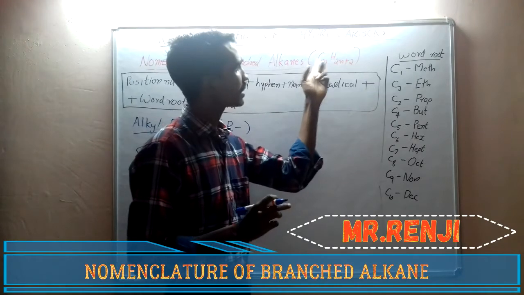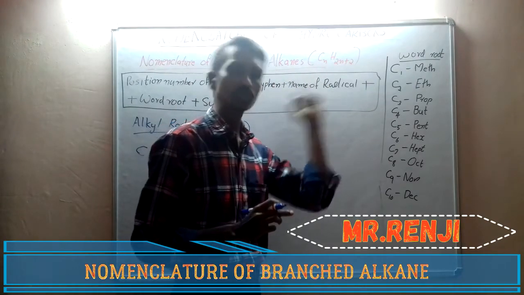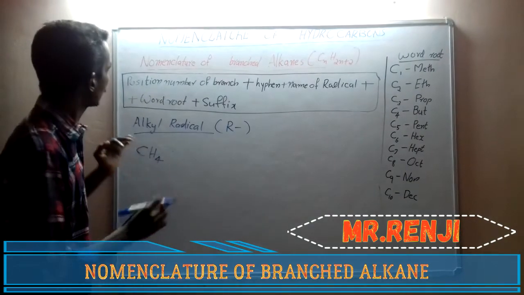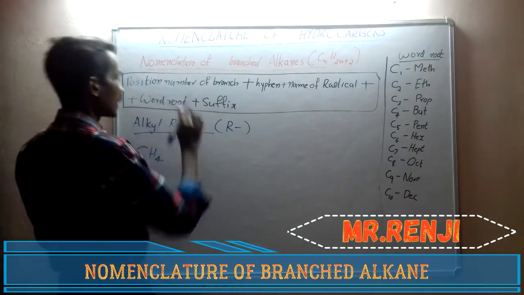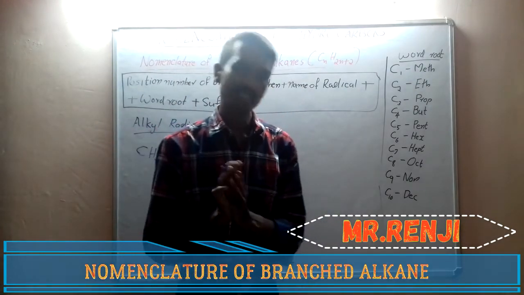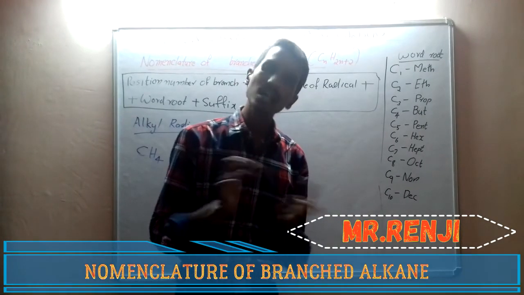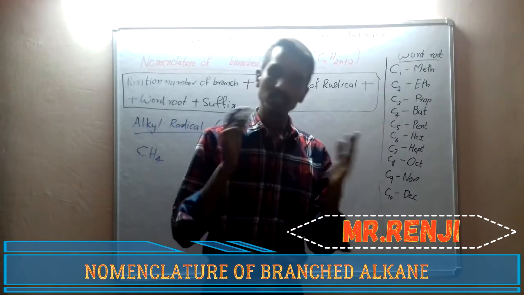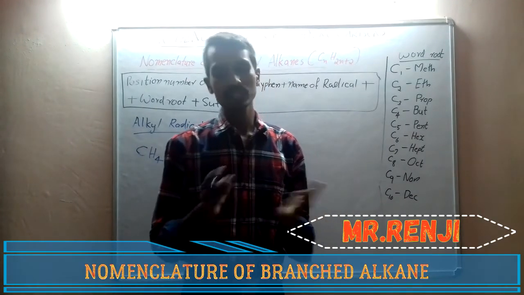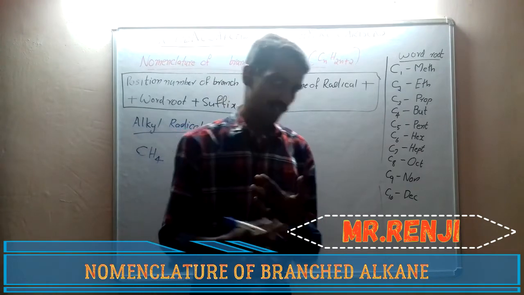Its general formula is CnH2n plus 2, same as branched and unbranched. Okay, so in branched and unbranched, its structural formula is changed. So when the structural formula changes, its IUPAC name is also changed.